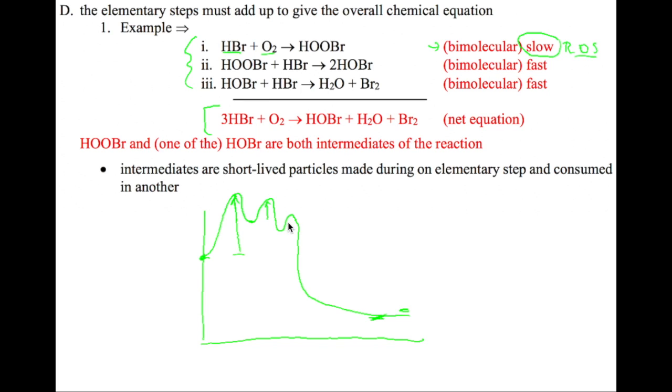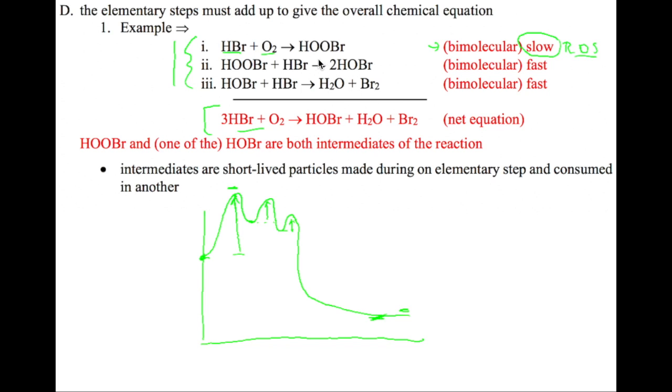So notice you now have 3 elementary reactions with 3 different steps and 3 different activation energies. 2 that are fast, which are small energy of activation, and 1 that's large, which is the rate determining step. Now, this is going to take the longest amount of time getting to this intermediate here. Now these, because the energy is already high, will easily go through and convert into water and bromine.